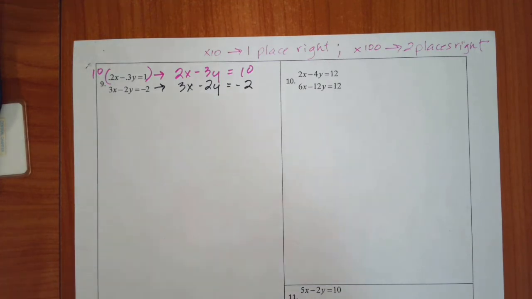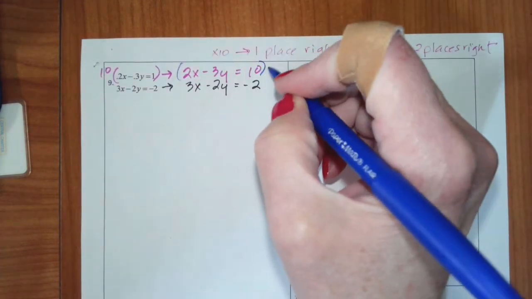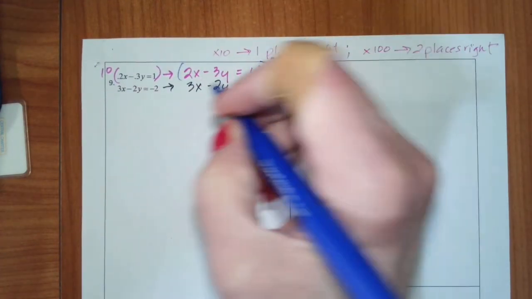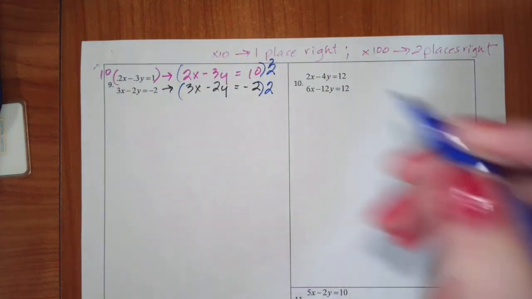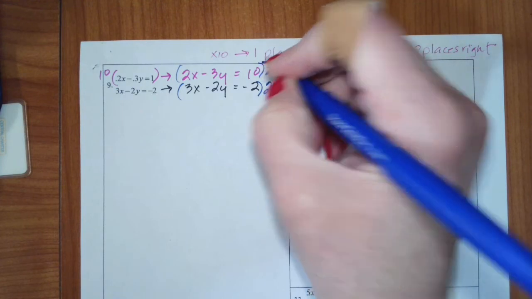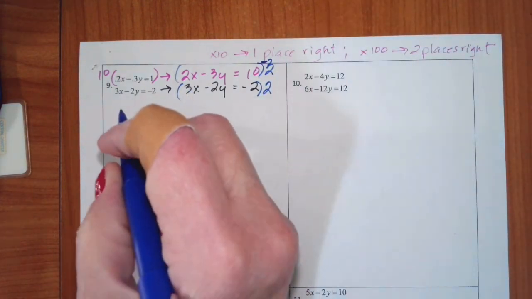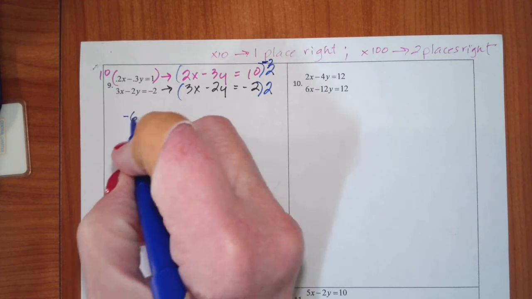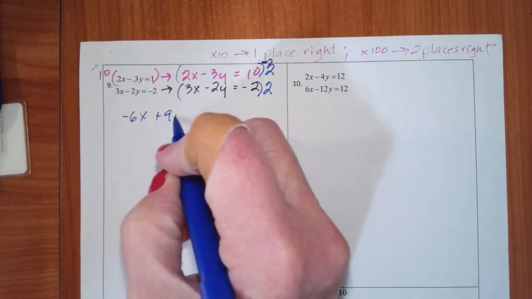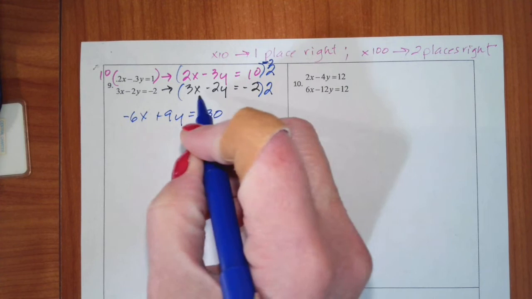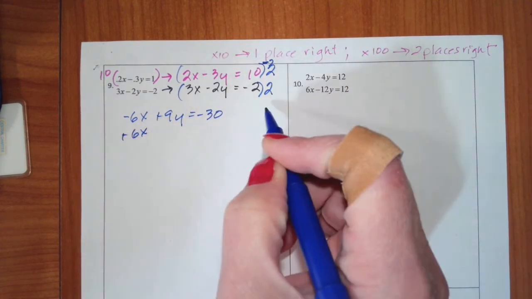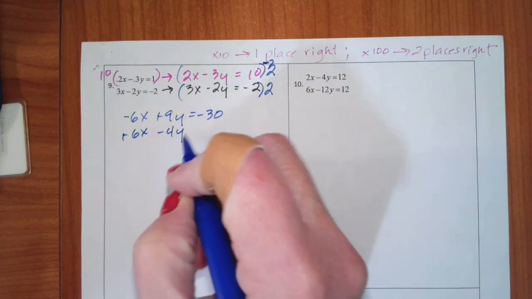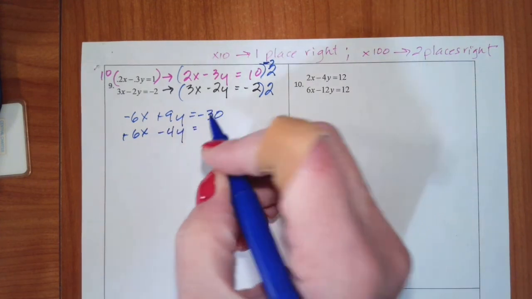So what that means is I'm going to multiply the top equation times 3, the bottom equation times 2, and one of them needs to be negative. So I'll just make the one at the top negative. So this becomes negative 6x plus 9y is equal to negative 30, and this becomes positive 6x minus 4y is equal to negative 4.